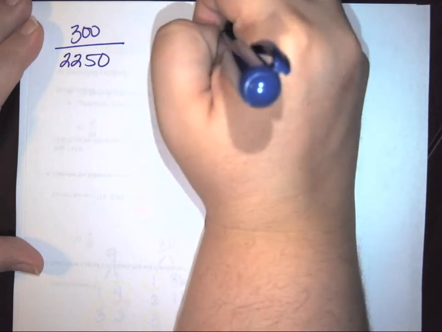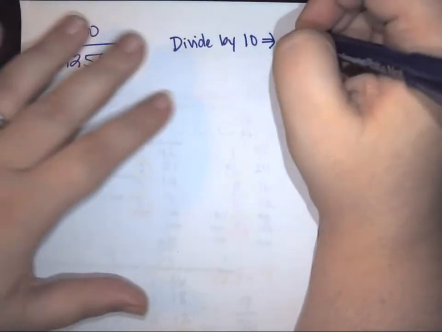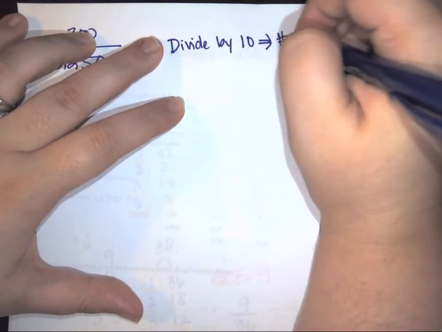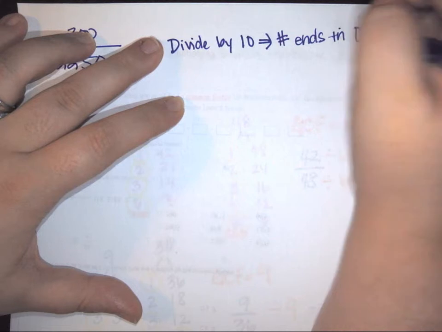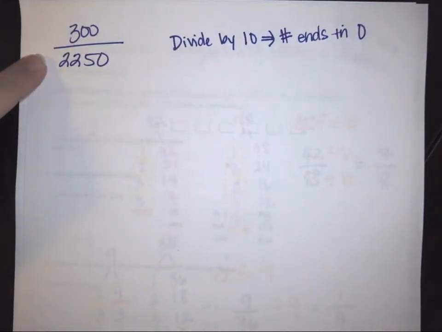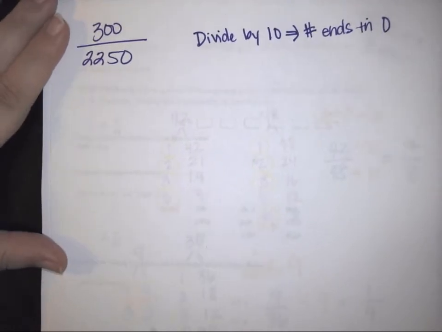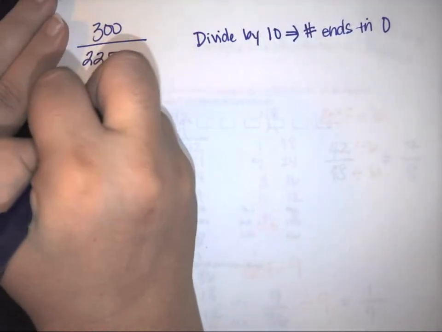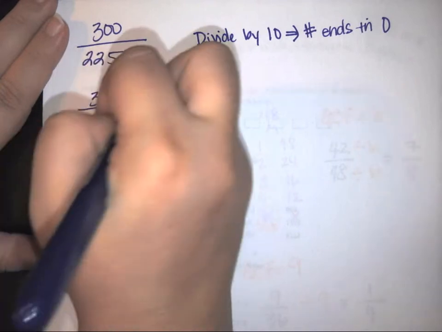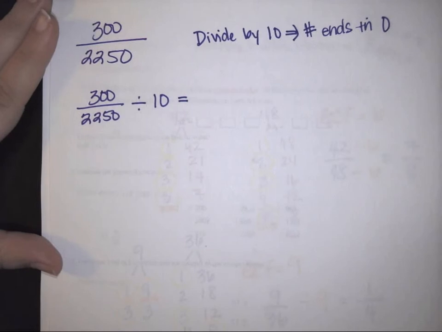If I divide by 10, in order to do that, my number has to end in 0. Well, these do. So the very first thing that I can do is take my 300 over 2,250 and divide it by 10 and see what I get.